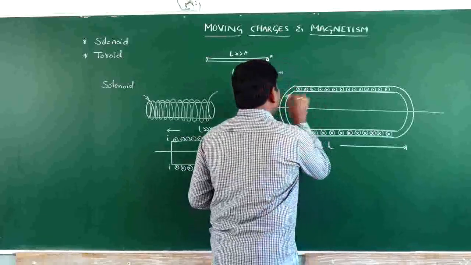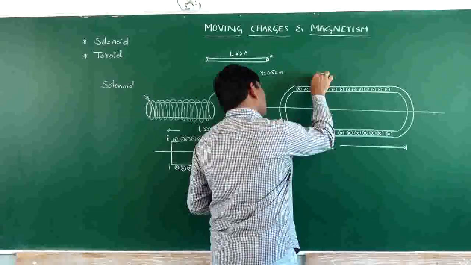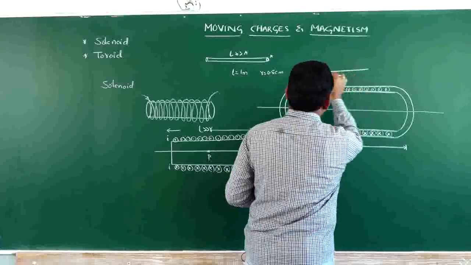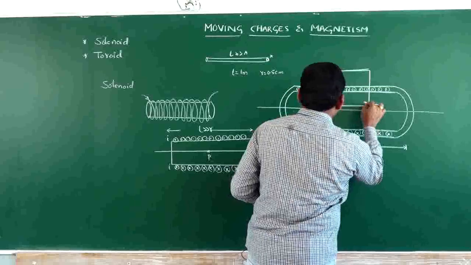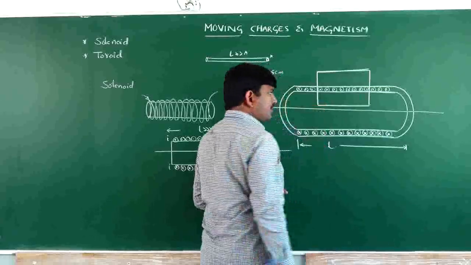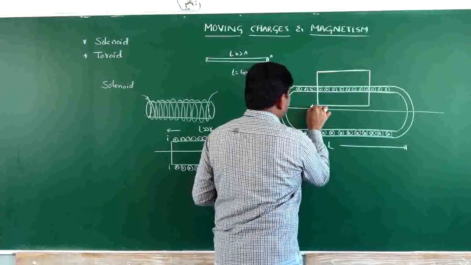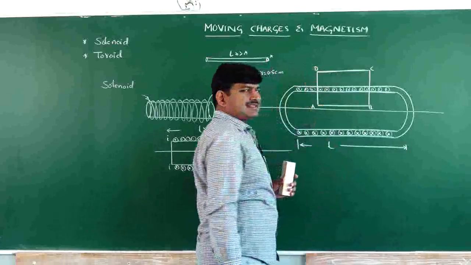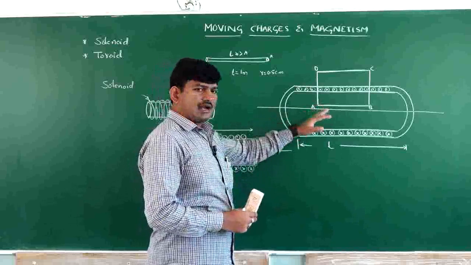Now inside this we are going to choose an Amperian loop. Here the Amperian loop is of a rectangular shape. Let the loop be named ABCD, a rectangular Amperian loop.